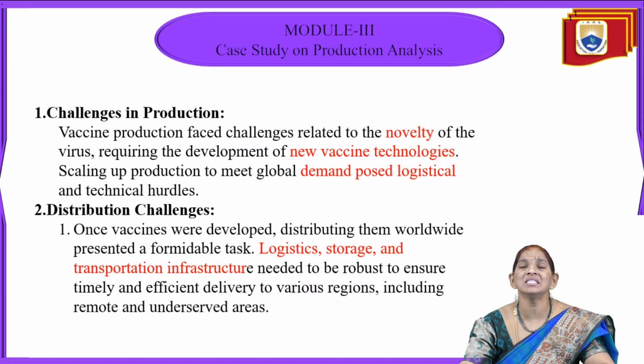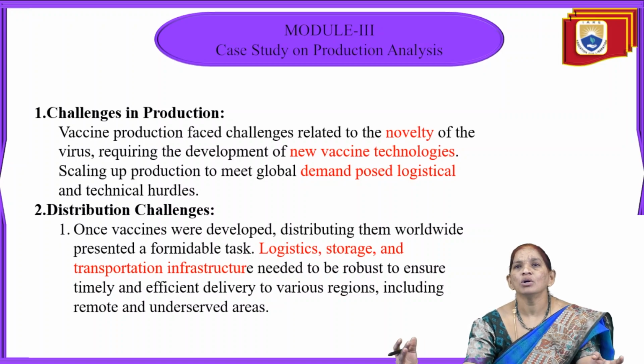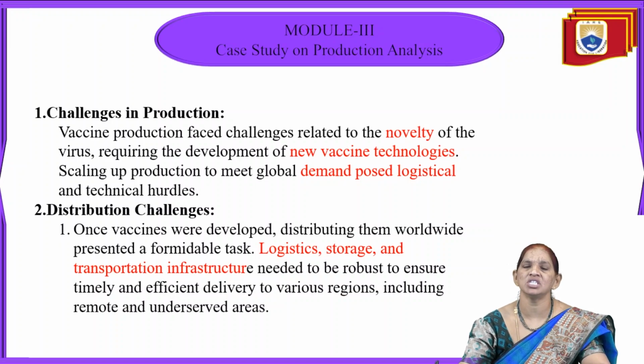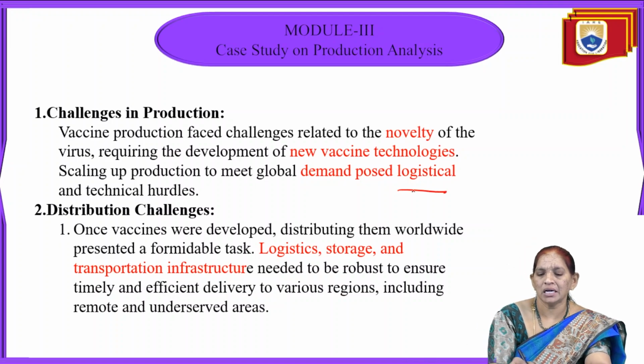We didn't know the way or reason for the spread of the virus, and the novelty was based upon how far the vaccine would sustain or restrict the growth of the virus. It required a lot of new vaccination technology, and a consolidated effort was made by the international agencies. Scaling up production to meet the global demand posed logistical and technical hurdles.